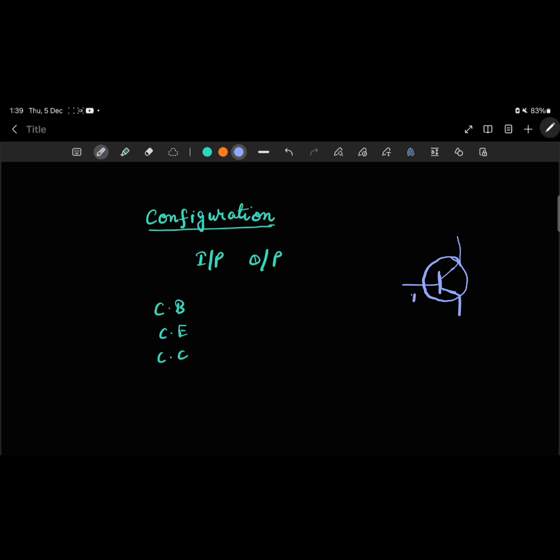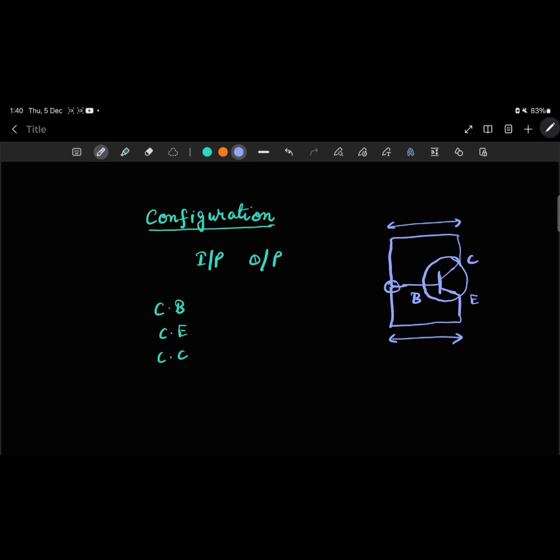In common base configuration, the base terminal is common between the input and the output. This is the emitter, this is the collector, and this is the base. The base terminal, as you can see, is the common terminal over here, and the input is measured between the base and the emitter, and the output is measured between the base and the collector terminal.